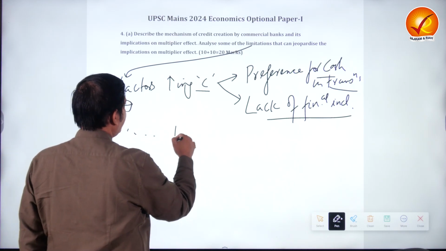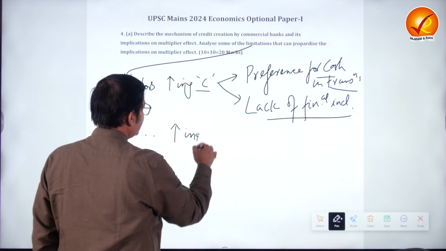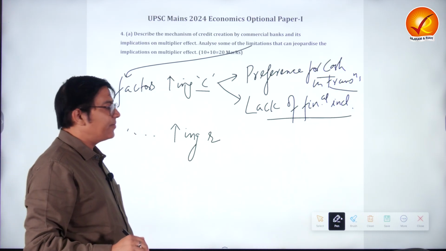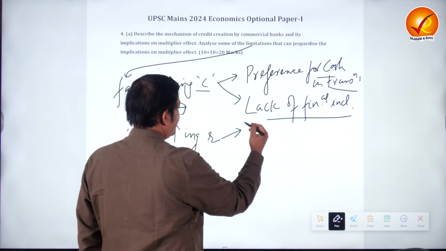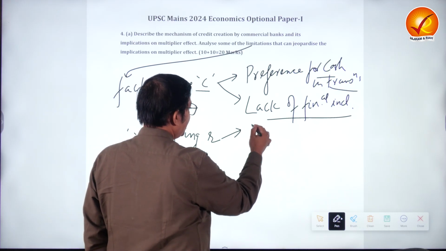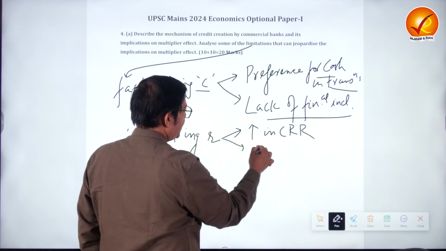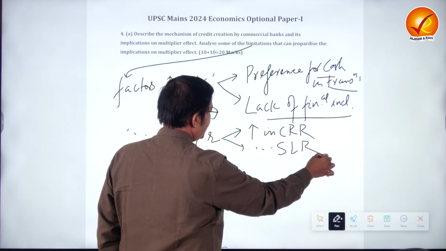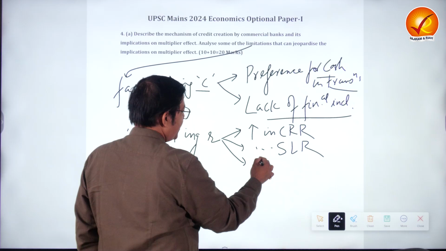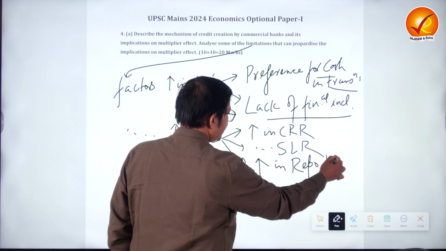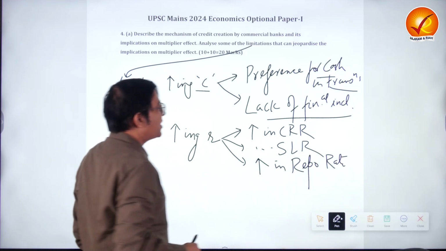Similarly, you can bring in factors increasing R. Here you can give any example of contractionary monetary policy. Like factors increasing R can be an increase in CRR, cash reserve ratio, an increase in SLR, statutory liquidity ratio, or an increase in repo rate. Since this is a 10 marks part, you can be a little liberal.